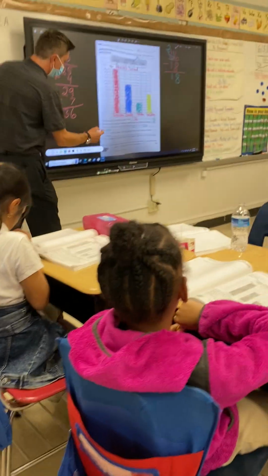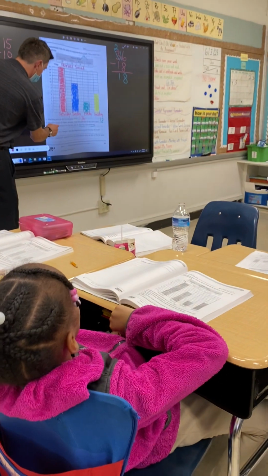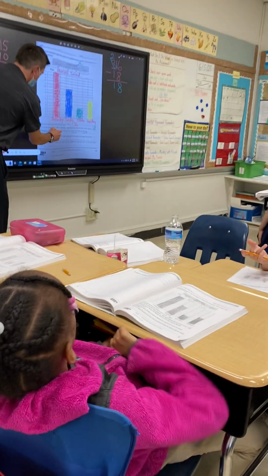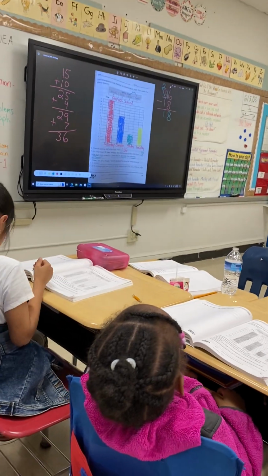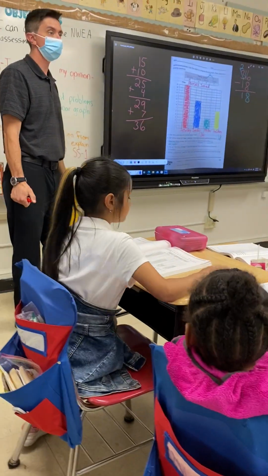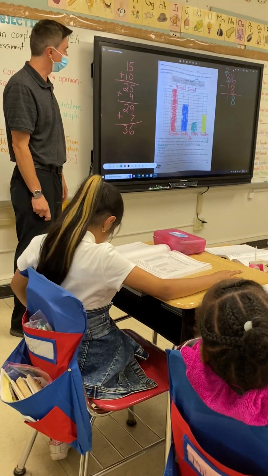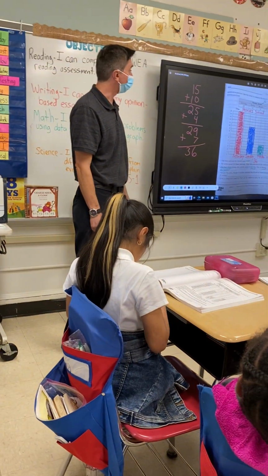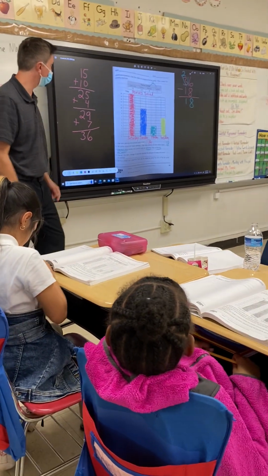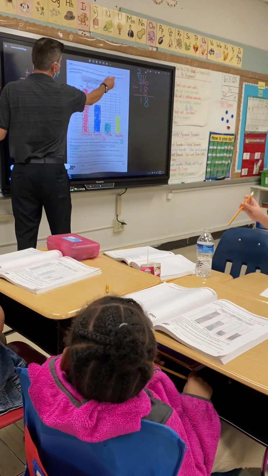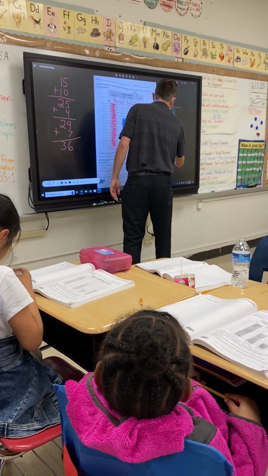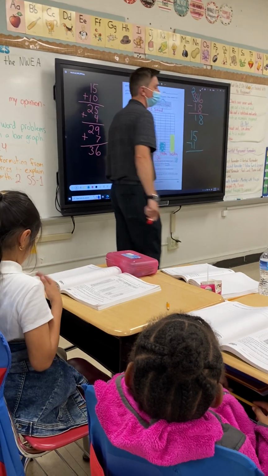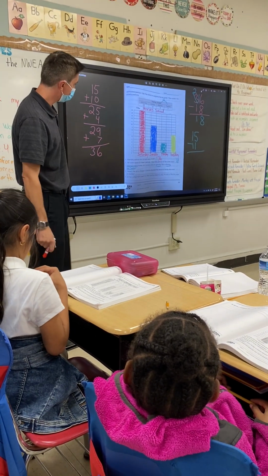So these are some keywords we've been talking about. How much more? What operation does how much more mean? Maya. Yes, minus, subtraction. So what two numbers are we going to subtract? 15 minus 11. Very good. 15 minus 11. Steven, what do I do?